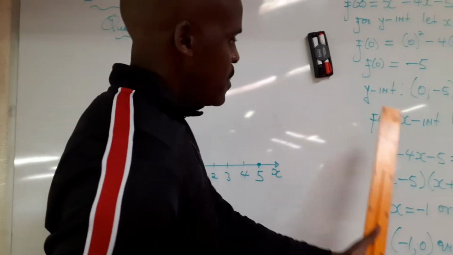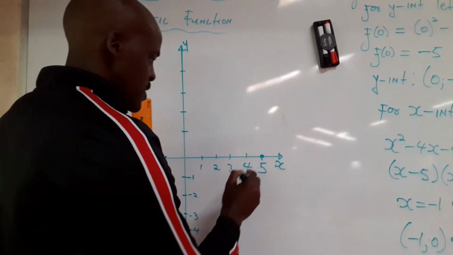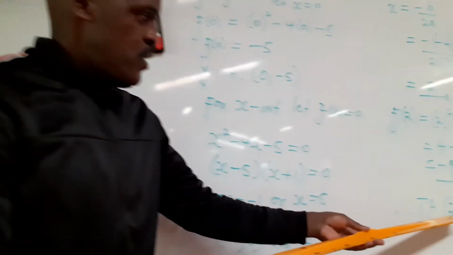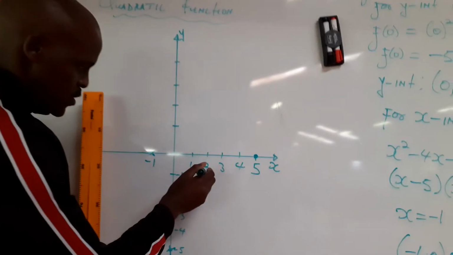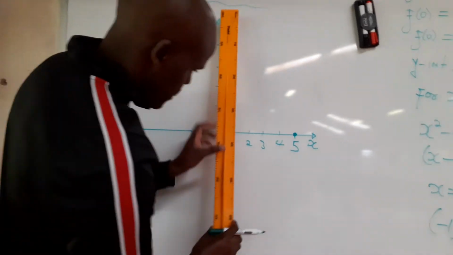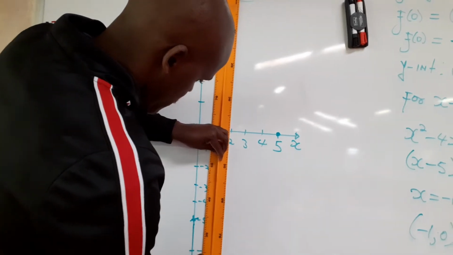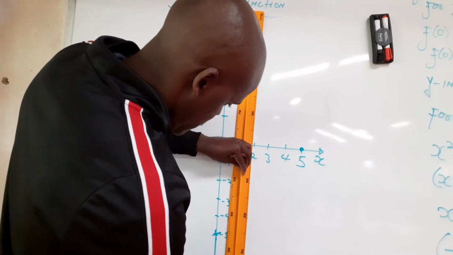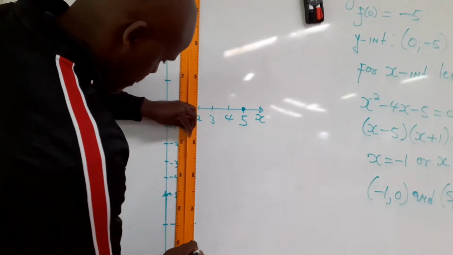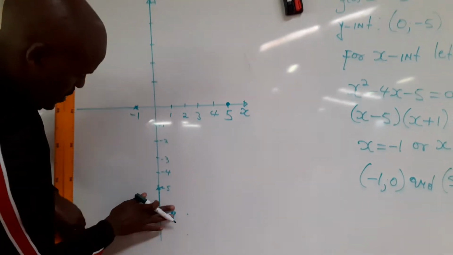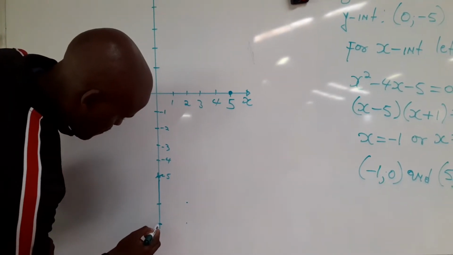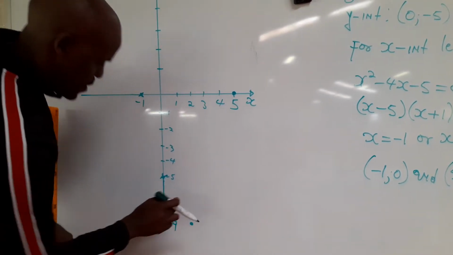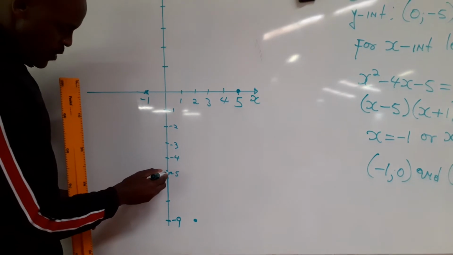X-intercept, it's -1 is to 0, and then we've got that one too. Our stationary point, 2 is to -9. Let us drop -9. Right, and then our y-intercept there.